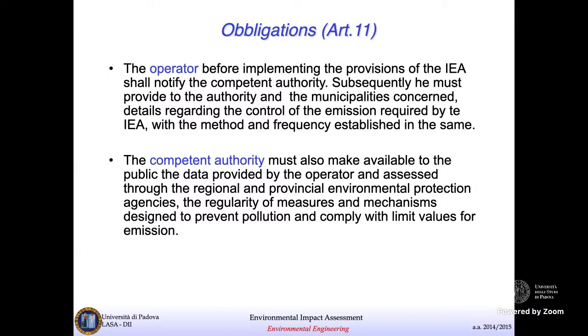Subsequently, the operator must provide to the authority and the municipalities concerned details regarding the control of the emissions required by the integrated environmental authorization, with the methods and frequency established in it.